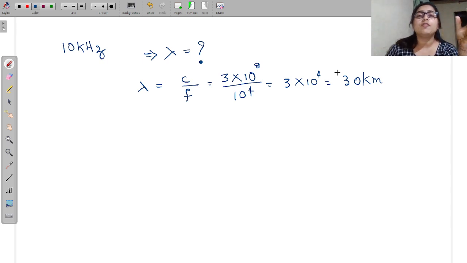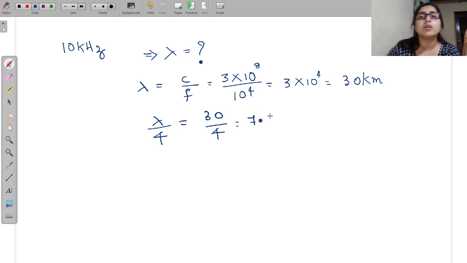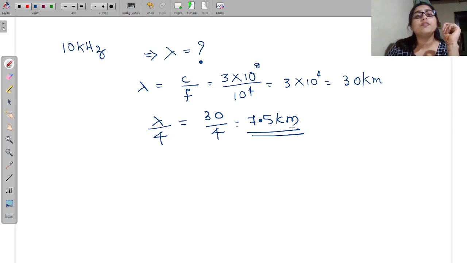The minimum height of antenna we will consider as lambda by 4. So 30 by 4, you will get around 7.5 kilometers.